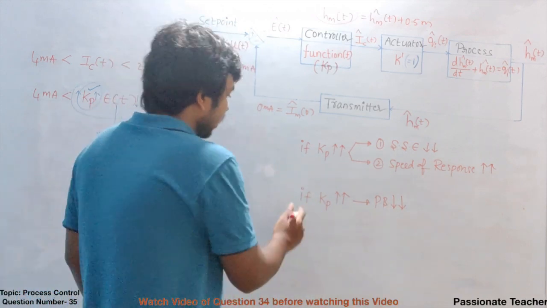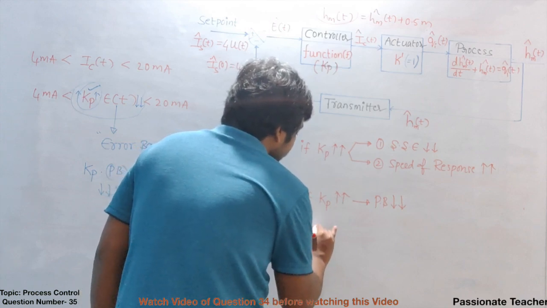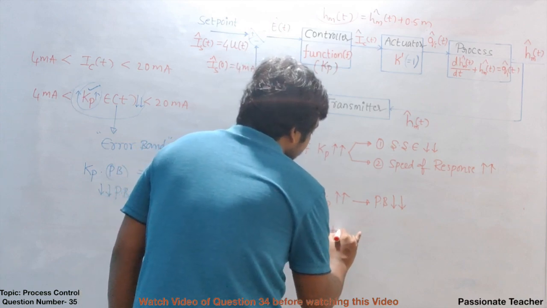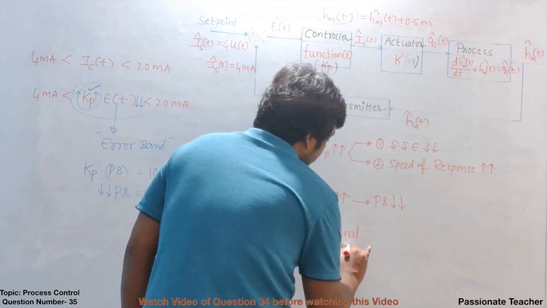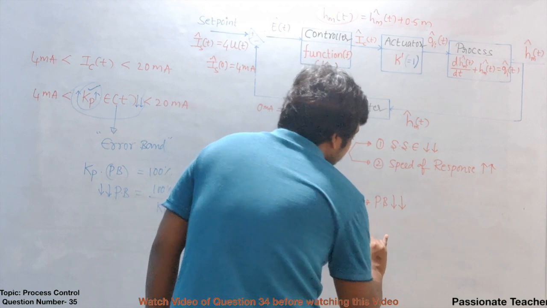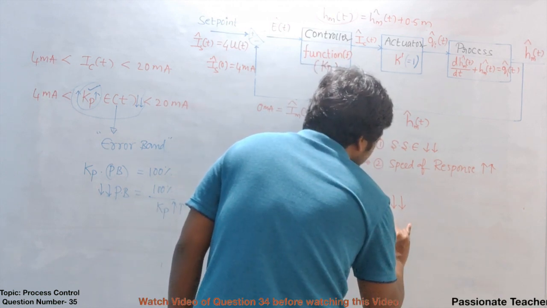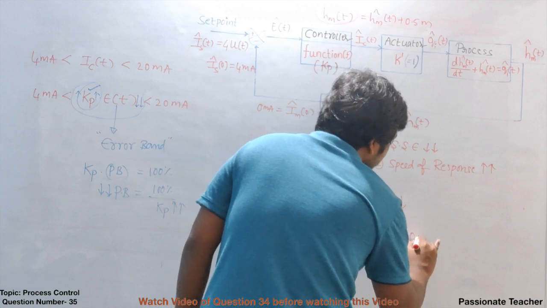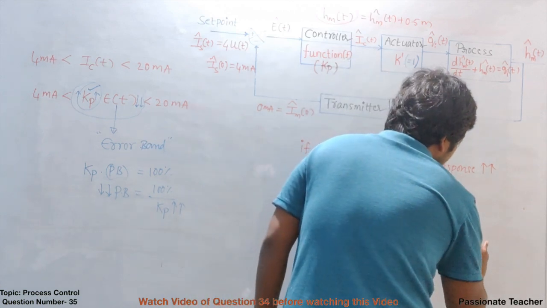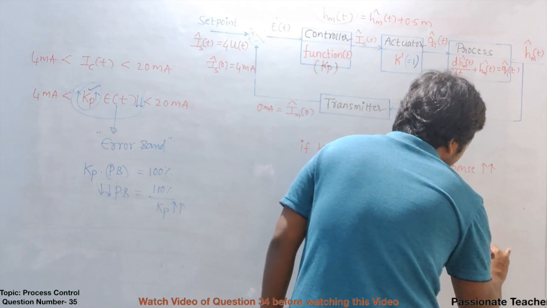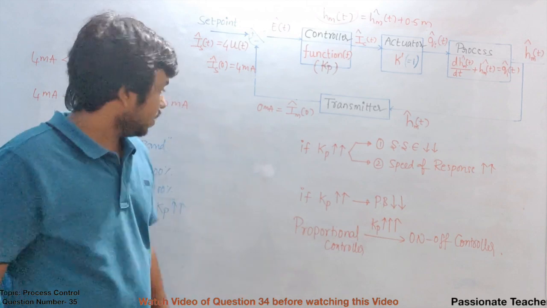Clear? So it's quite simple. That means a proportional controller with high gain, if you keep on increasing Kp too much, turns into an on-off controller.